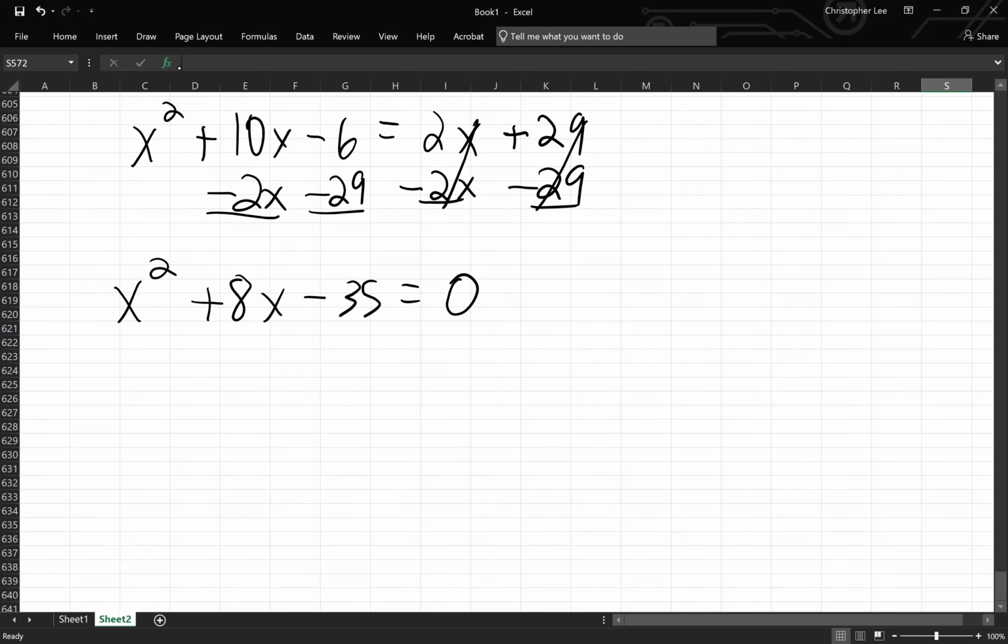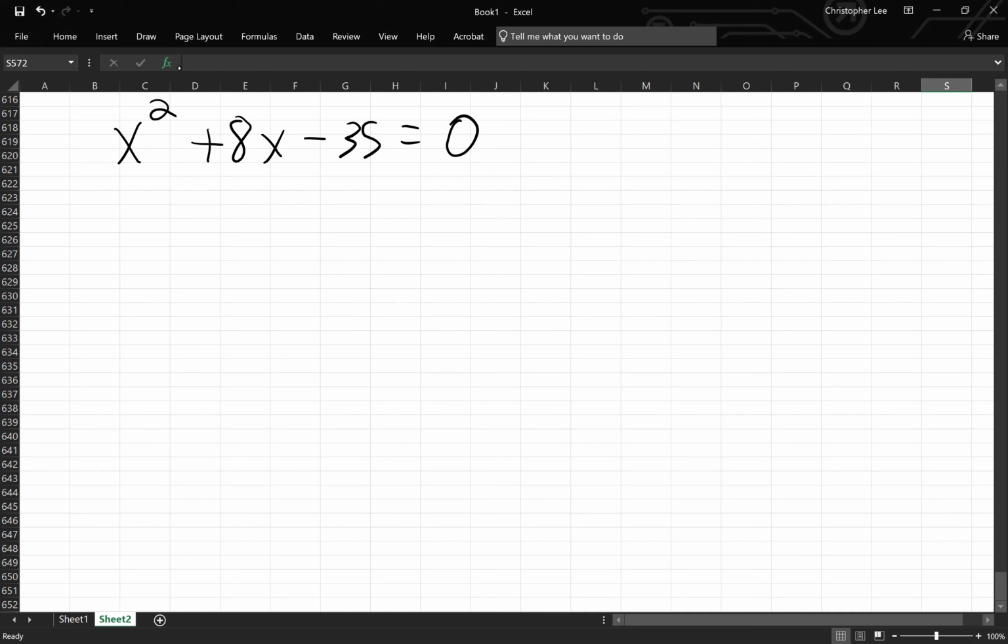We have a quadratic. You could do whatever you want with this, right? I'm really, really in love with completing the square, so I want to do that again, right? So I'm going to add 35 over here. What I do to one side, I got to do to the other. So now I have x squared plus 8x is equal to 35.